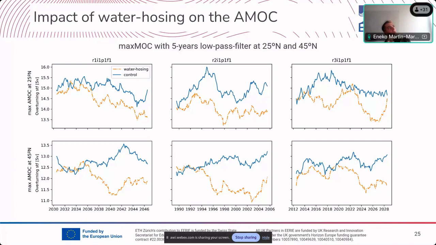But yes, it seems that it's not so clear. For example, for the third member at 25 degrees north, the water hosing comes back to where the control is. It seems that the trend can be mixed with the decadal or multi-decadal variability of the AMOC. So maybe we were not so successful if we wanted to reach a tipping point.